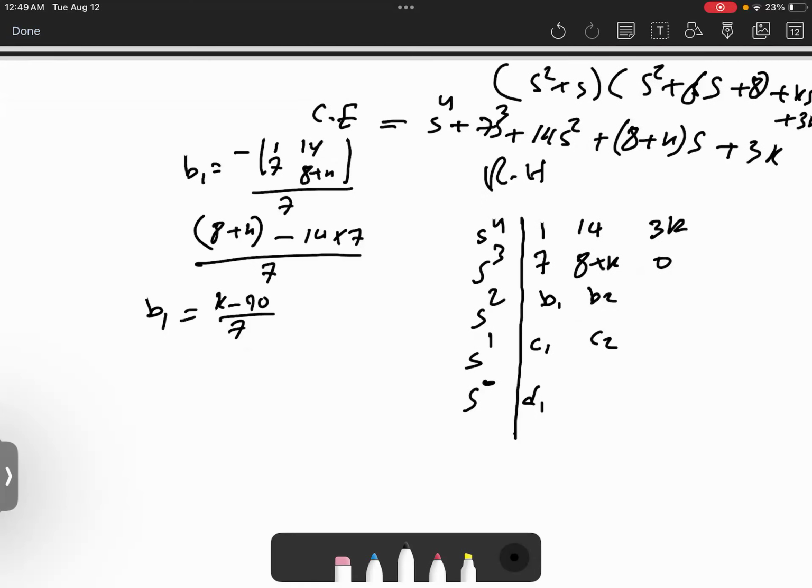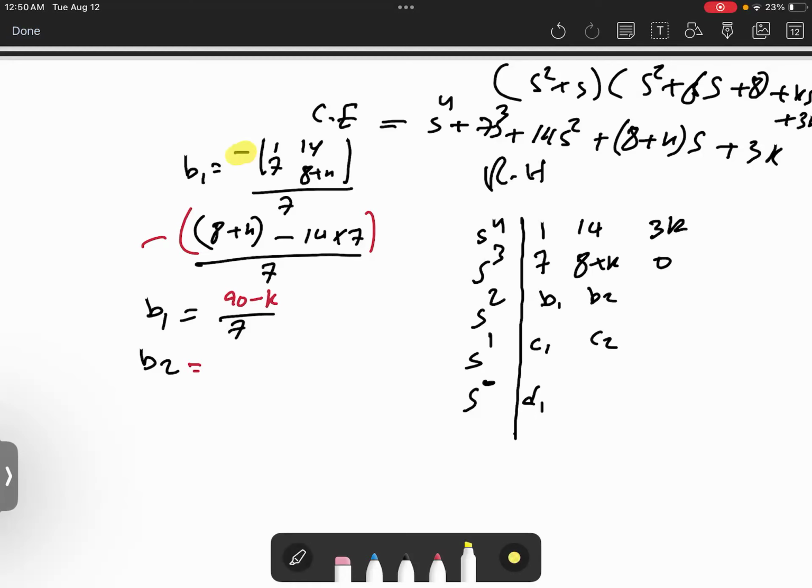However, let's calculate the value of B2. Basically, we will look at this part. So it will be the negative. Oh, I missed the negative sign. So it will be 90 minus k, because there's a negative sign right here.